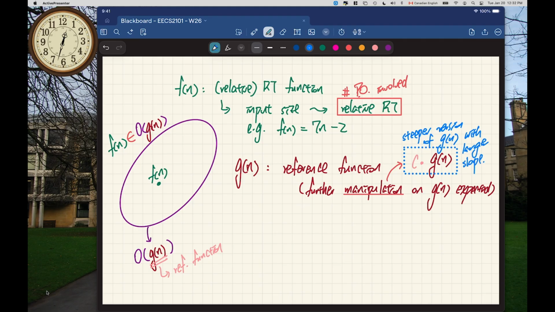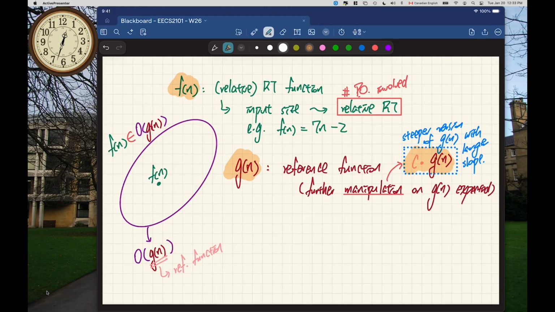And typically c cannot be negative, by the way. You just choose a positive one. So now we got g of n, and also c times g of n. These are the three things: the running time function, the reference function, and the modified version of g of n. These are the three important components when you talk about the definition for big O.